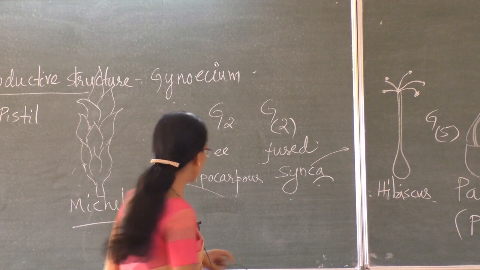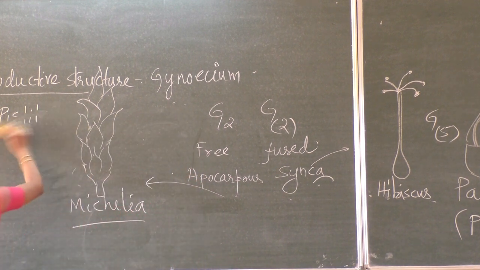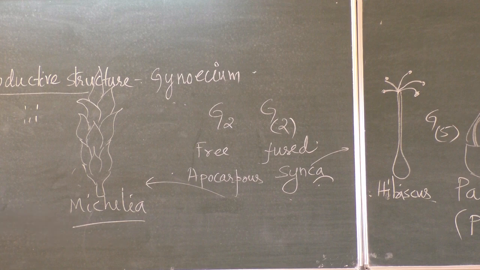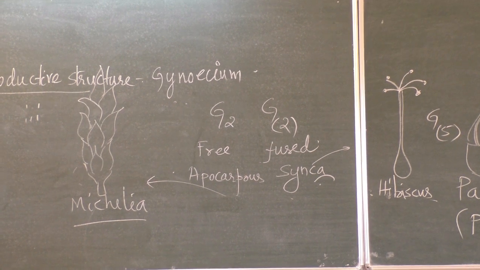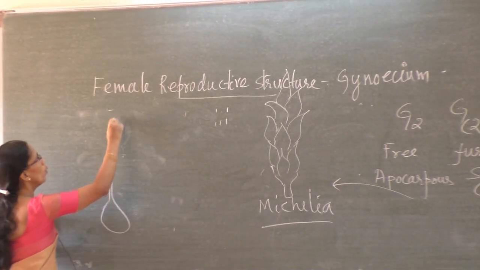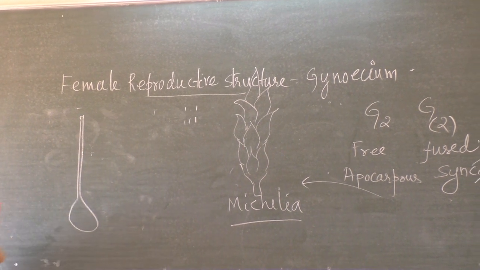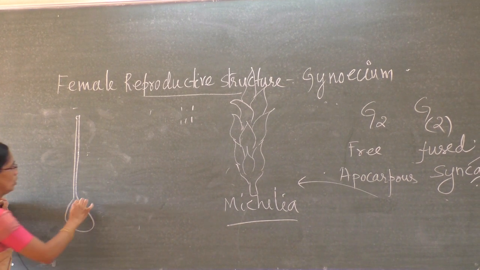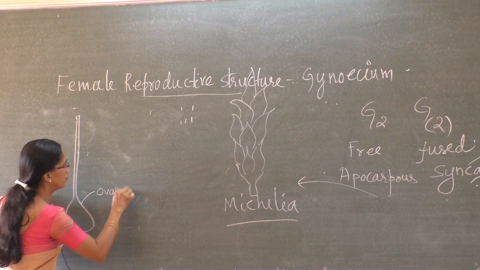Now again concentrate on pistil or carpel. So carpel, what is carpel? Unit of gynoecium is carpel. So a carpel is with style, ovary and stigma. This is ovary.